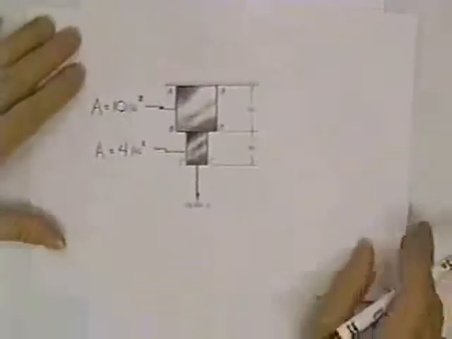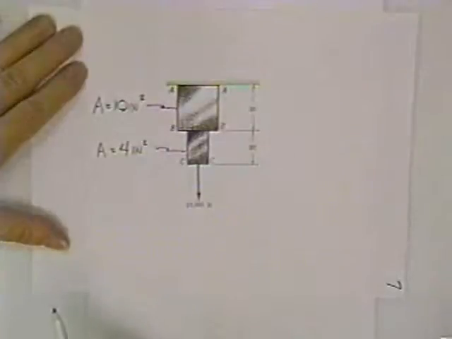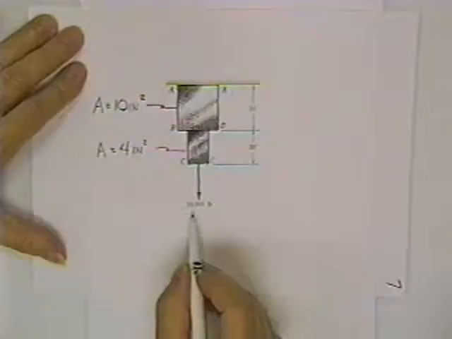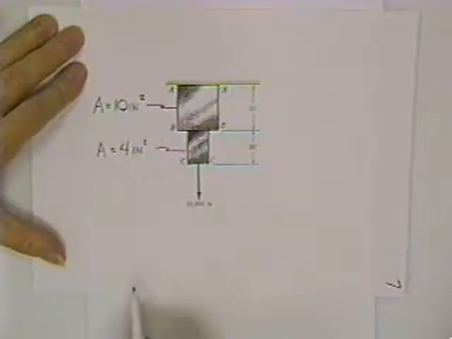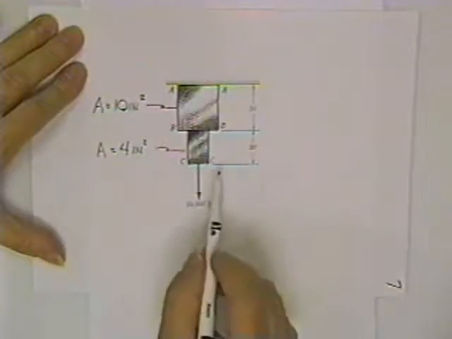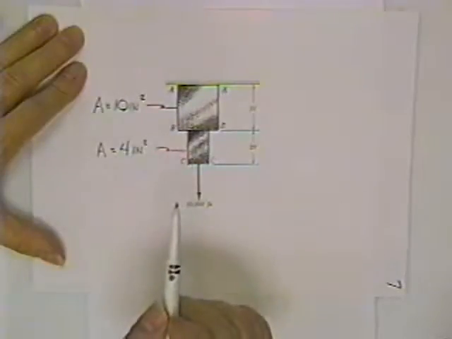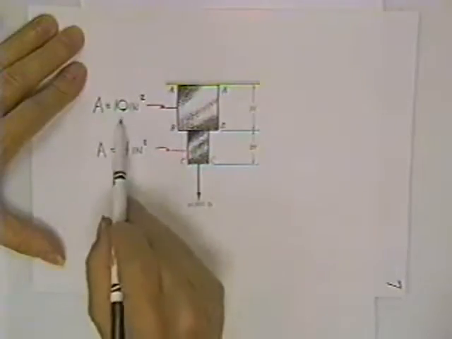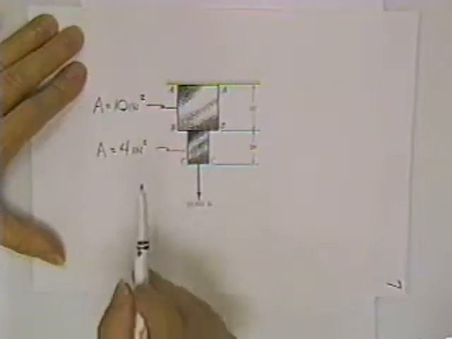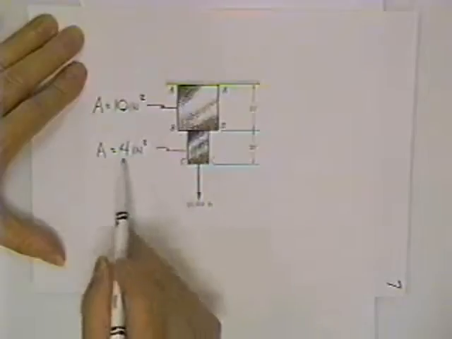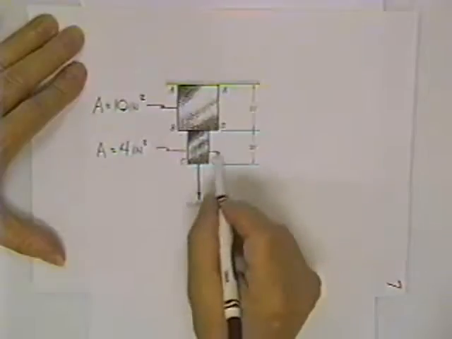For an example of the calculation that you might be asked to perform on a quiz, someone has a 10,000 pound load supported on a piece of steel, perhaps. The top bar has 10 square inches of steel in it, cross-sectional area, and the lower bar has 4 square inches.